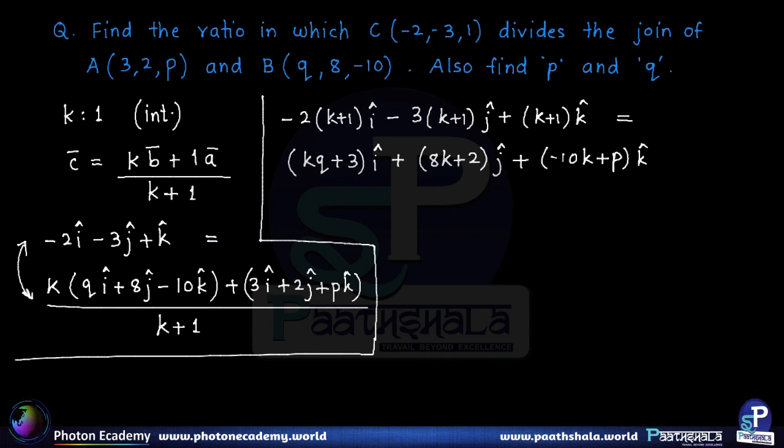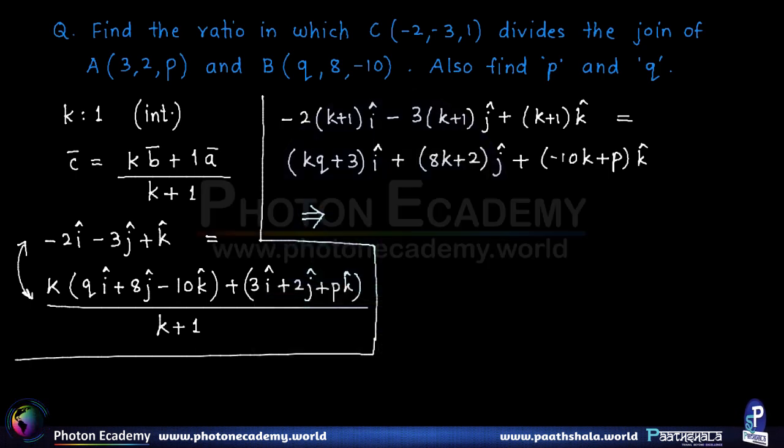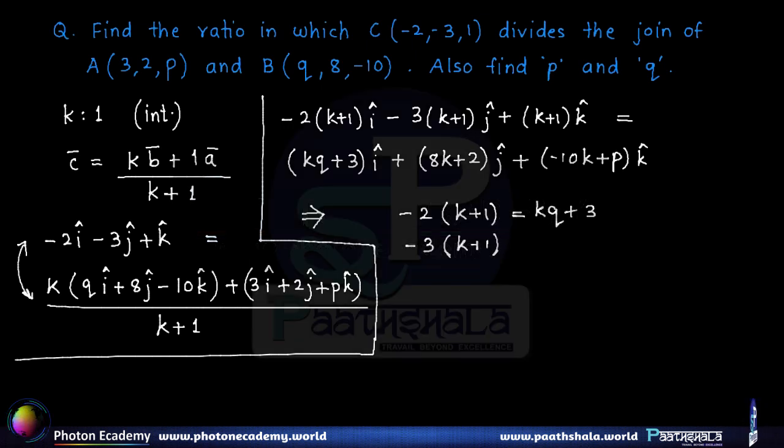So that means by equality of vectors, if the two vectors are equal, that means their respective coefficients must be the same, isn't it? So therefore that gives us minus 2 into bracket k plus 1 must be equal to kq plus 3, then minus 3 into bracket k plus 1 must be equal to 8k plus 2, and lastly k plus 1 must be equal to minus 10k plus p.